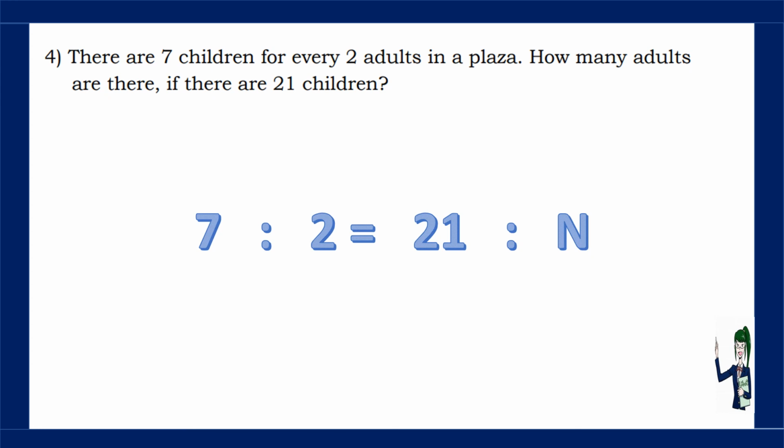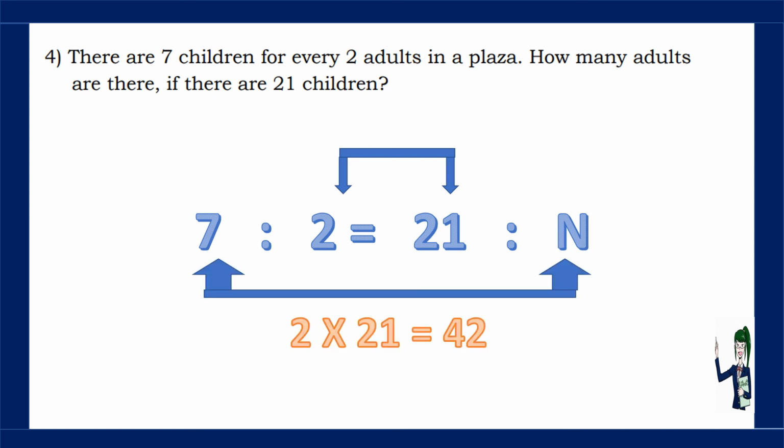So identify the parts. 2 times 21, the complete parts, equals 42. Then 42 divided by 7 equals 6. So there are 6 adults for every 21 children.